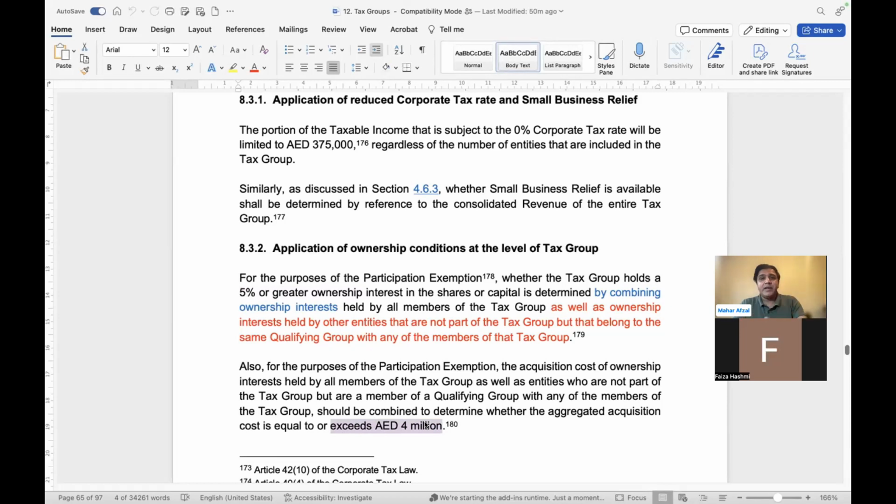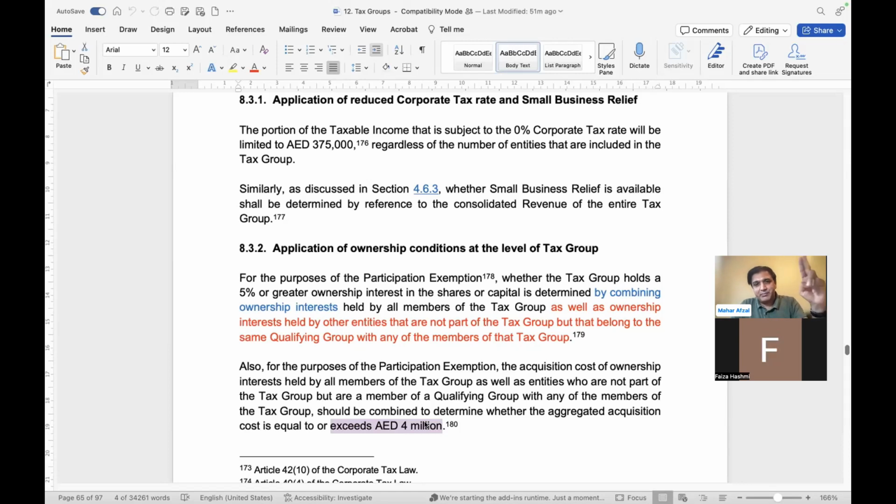Third, very important thing, any other external party of which the group member is a part of the qualifying group. Basically, this is the one tax group. All the tax group share will be considered. If there is any external party, any member of this group that is a member of a qualifying group, then this share will be considered as well.